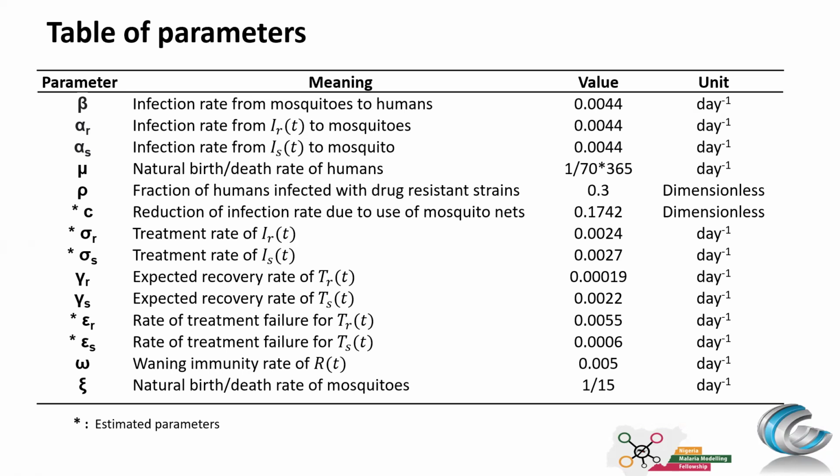These are: C, which is the reduction of infection rates due to the use of mosquito nets; then sigma R and sigma S, which are the treatment rates for individuals infected with the resistant strain and the sensitive strain respectively; and also epsilon R and epsilon S, which are the rates of treatment failure for those individuals who were infected with the resistant strain and the sensitive strain respectively, who were treated. The other parameters were fixed because of the model.